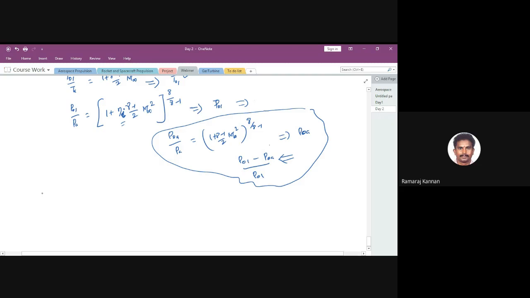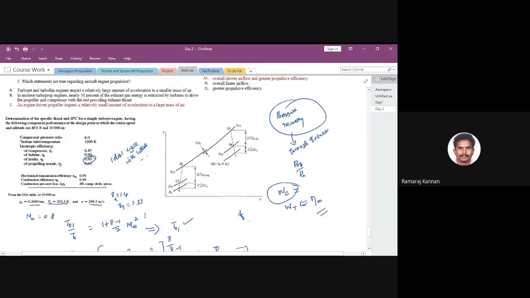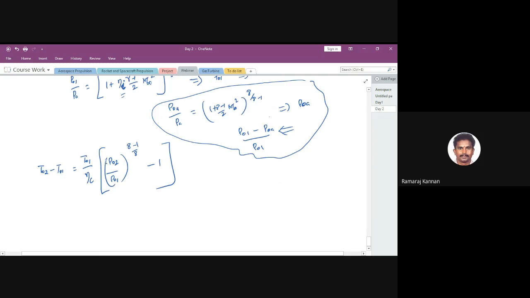So we know that T02 minus T01 is equal to, as we have already derived, T01 divided by isentropic efficiency of the compressor, into compressor pressure ratio whole to the power gamma minus 1 by gamma, minus 1. You can refer to yesterday's class notes. Here they have given the compressor pressure ratio, and you know the isentropic efficiency of the compressor. So substitute; we know the T01 value already calculated, so we are going to get your T02 minus T01.